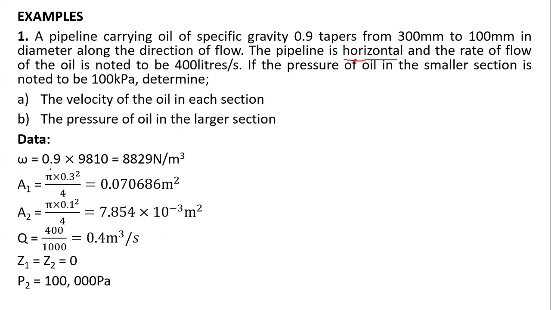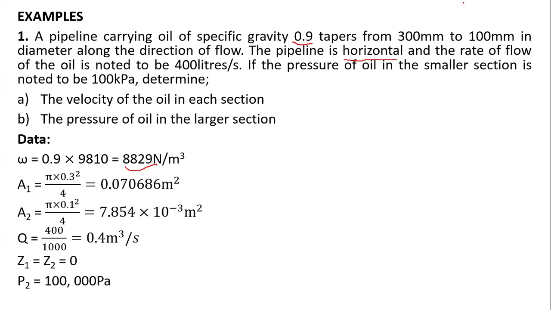First things first, let's arrange our data. What we have is the specific gravity, 0.9. So if it's 0.9, to convert it to specific weight, we have to multiply by the specific weight of pure water. So 0.9 by 9810, you get 8829.